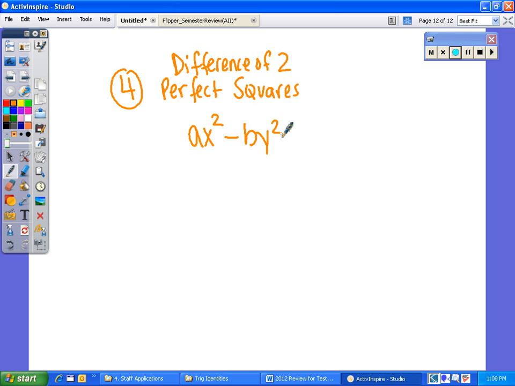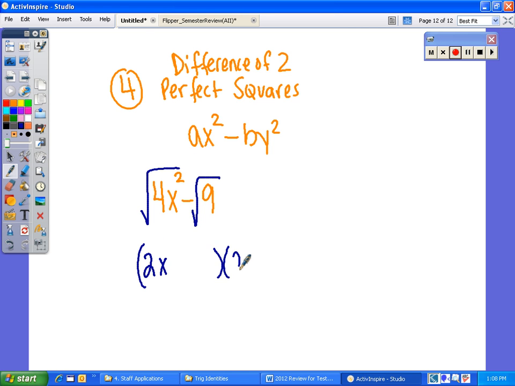So usually you'll get something like 4x squared minus 9. These are both perfect squares. So if you take the square root of 4x squared, you get 2x times 2x. The square root of 9 is 3.